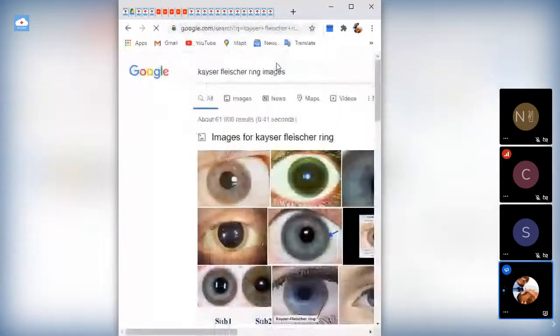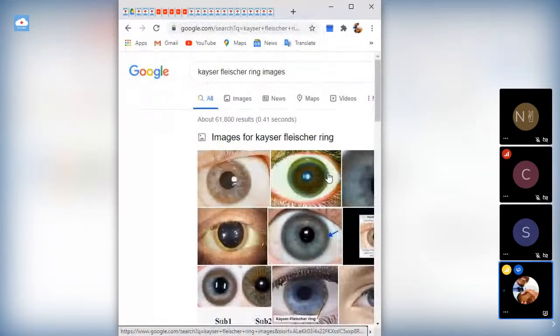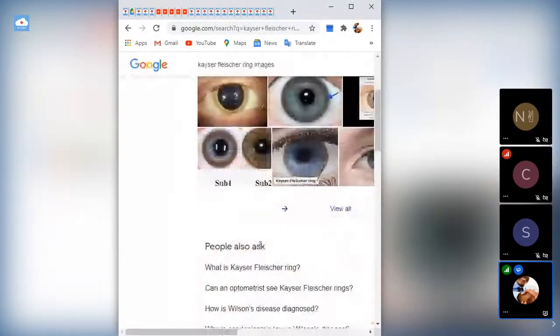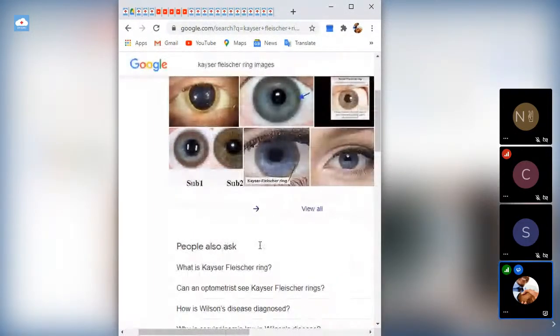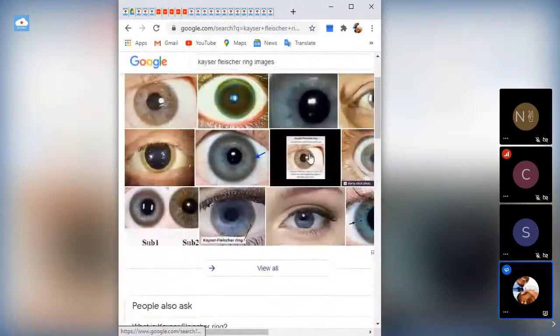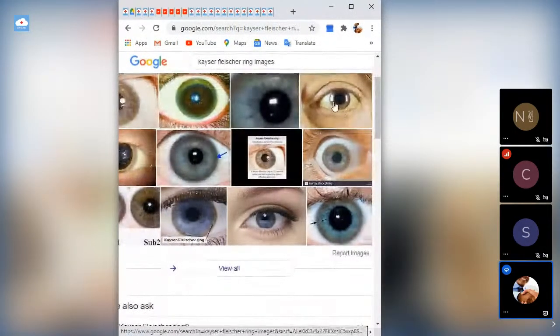Look at it. It's kind of brown. It's brown. That's the ring around the eyes. That's it. It's brownish. Look at it. It's very fine here. Look at this one. It's a Leicester ring.